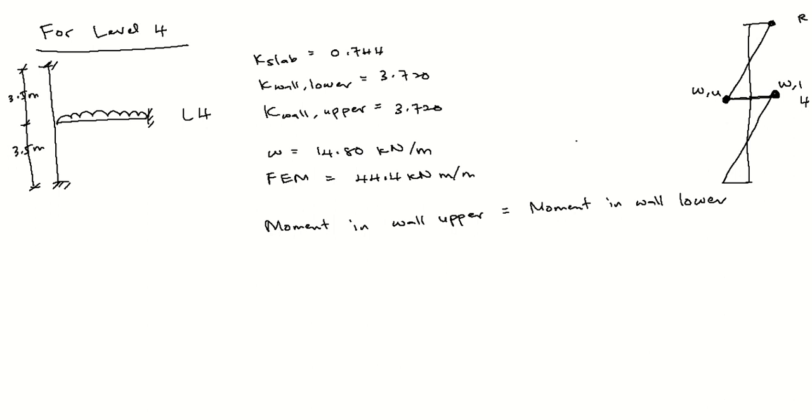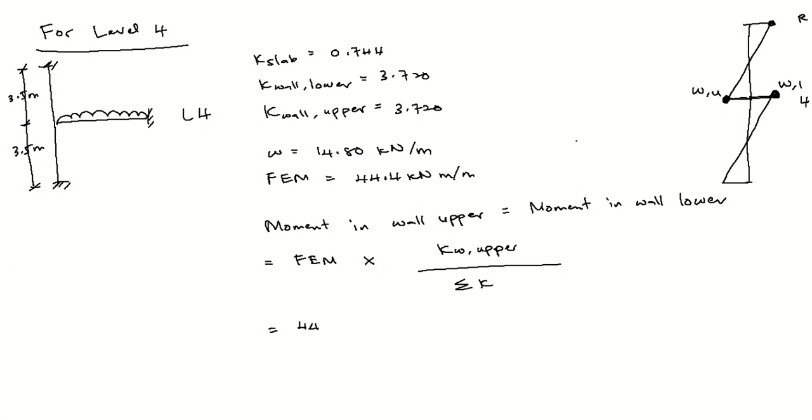Okay, if we distribute the moment, you will get the same value. So it is FEM times K of wall, let's say wall upper, divided by the total K. Since the K is similar, you will get the same value.